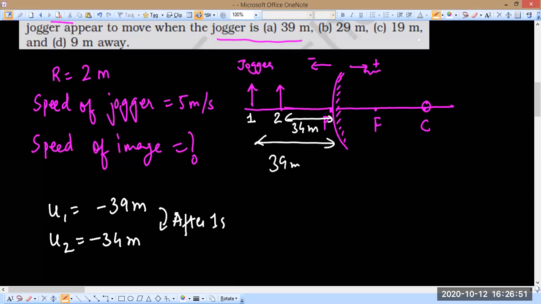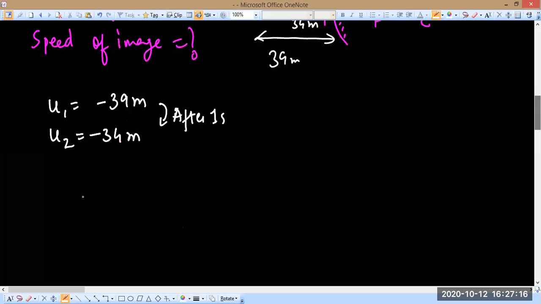This is after 1 second. Minus 34, sign convention. Okay, now we find v1 first and then we will find v2.